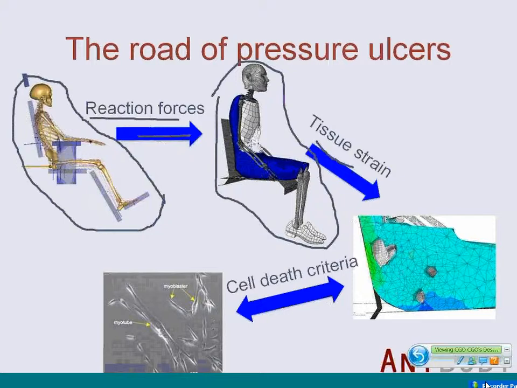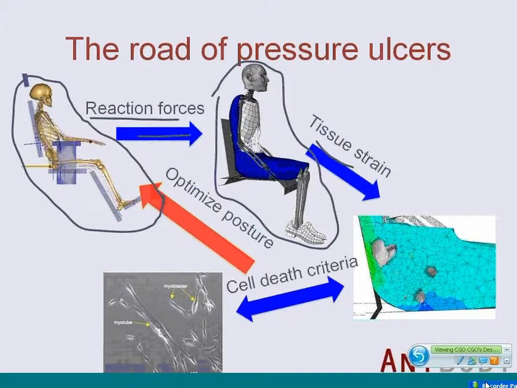And the tissue strain could then be related to what the cells can tolerate with respect to the strain, and that could maybe be shown by these experiments, and then we can compare that to the results from the finite element model. And if we add one more thing, then we can actually start to change the posture in order to change the tissue strain compared with the cell death criteria.